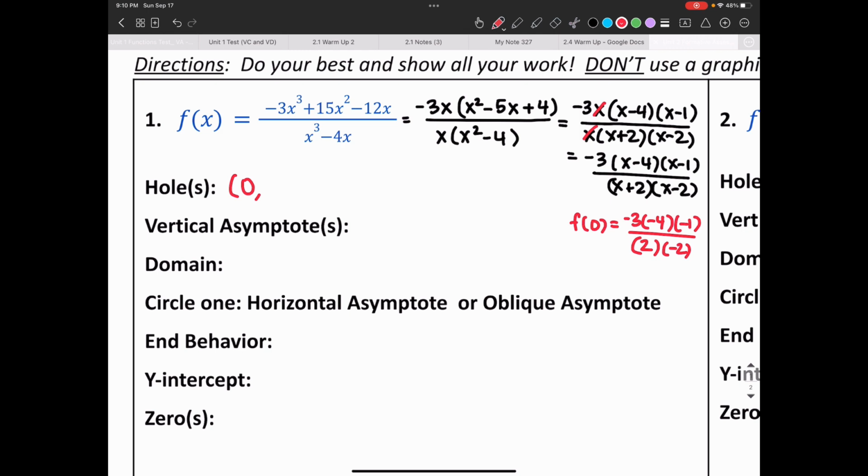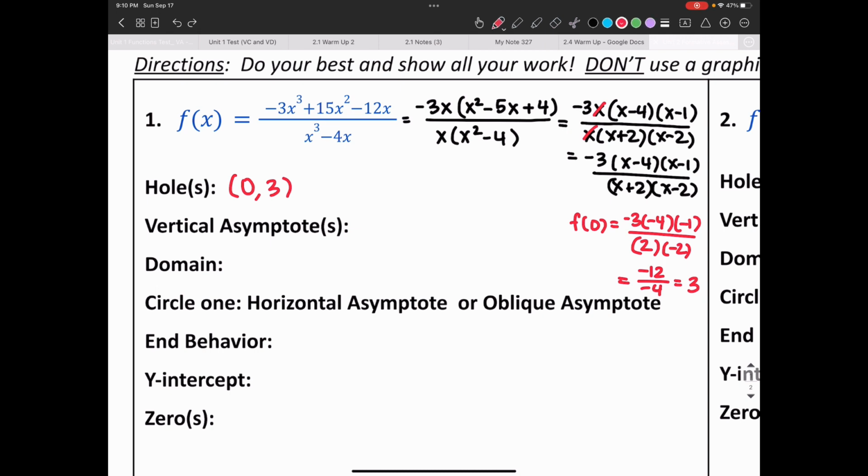And that would be negative 12 in the numerator and negative 4 in the denominator, which is equal to positive 3. So I would know that I had a hole at (0, 3), because that's what the point would have been at x equals 0 had it not canceled out. I know that makes the denominator undefined, so that point is not going to be shaded on my graph.